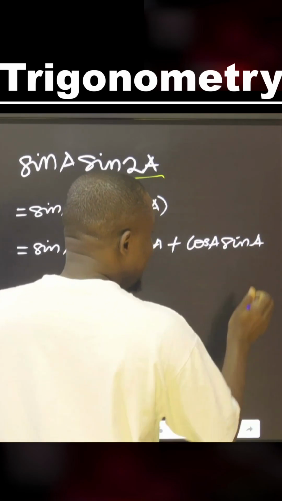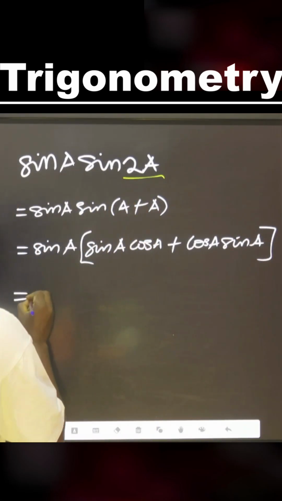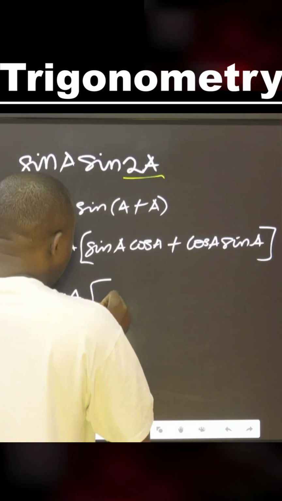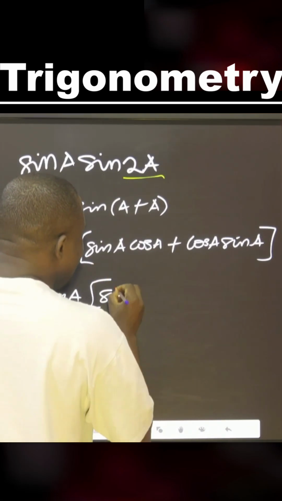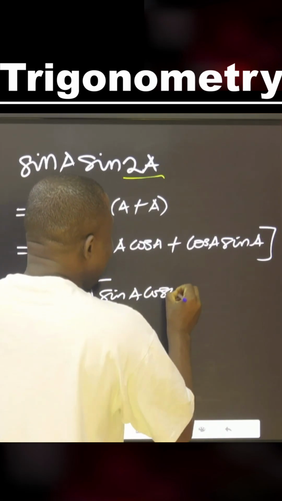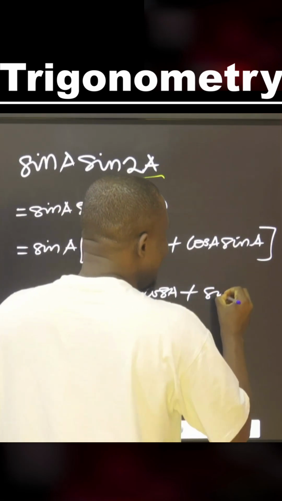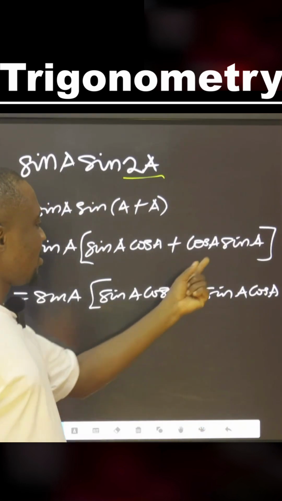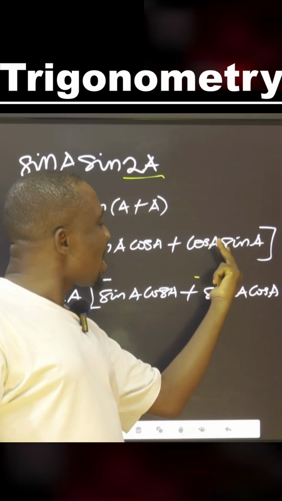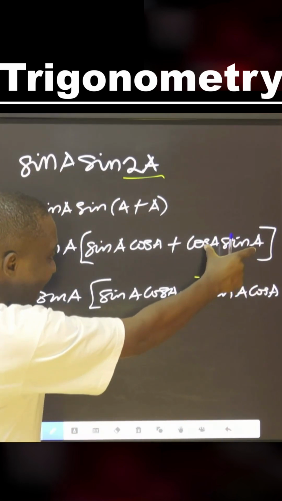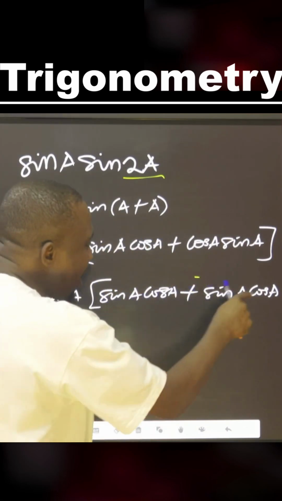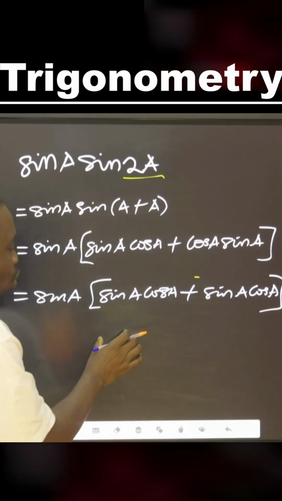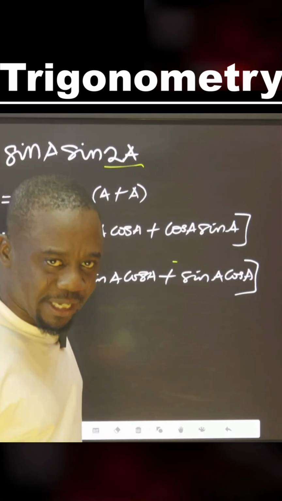Remember? Which we can write as sine A. This simply means sine A cos A. You can write this as sine A also cos A, because it doesn't matter which one you write first. I just want this side to resemble this side, so that when I add them together, you will not have any question to ask me.